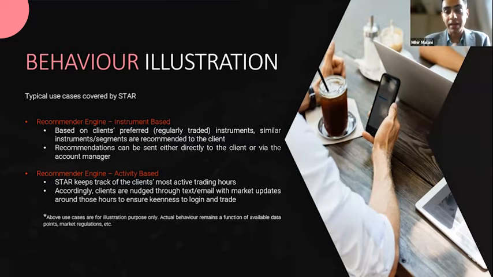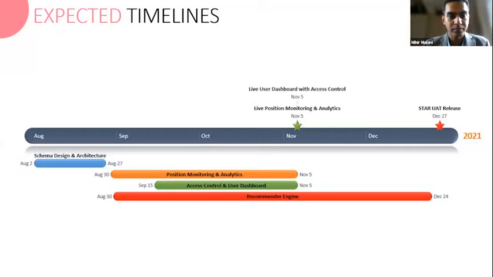Again, the recommendations could be instrument based also. We know that certain clients prefer a certain kind of instrument, and the UAB's account management team or the system itself knows exactly which instruments to recommend to the client based on the preferred instruments or sectors of the client. Again, these are all thrown out by the algorithms running at the STAR engine.